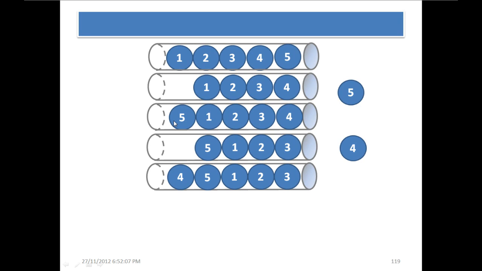This is called a cyclic shift, the cyclic shift of 1 bit, and this is a rightward cyclic shift. Now if I want to do a 2 bit cyclic shift, then I will remove one more ball, move all the balls over, and place this ball again back from this side. So this shift has become 4, 5, 1, 2, 3. So it is easy to understand. It is not much more difficult.